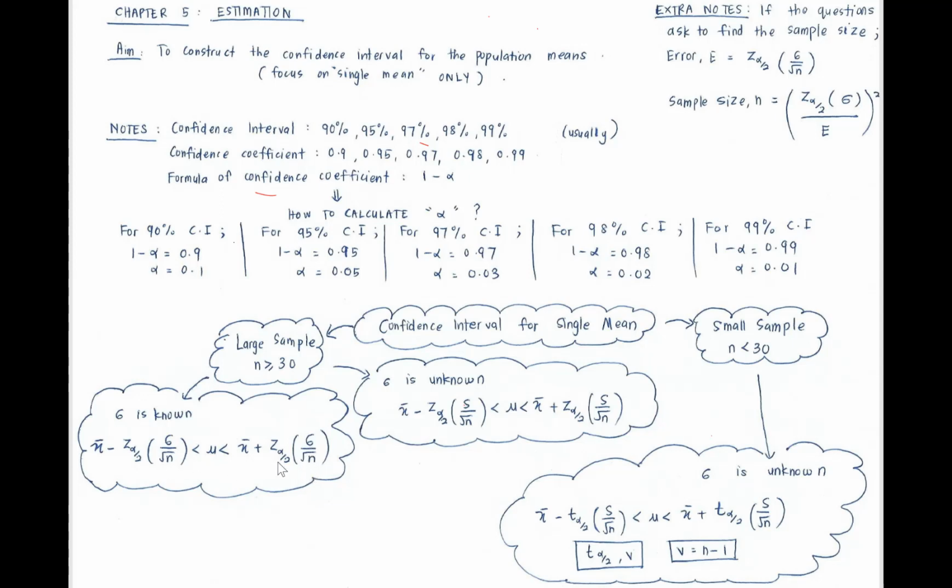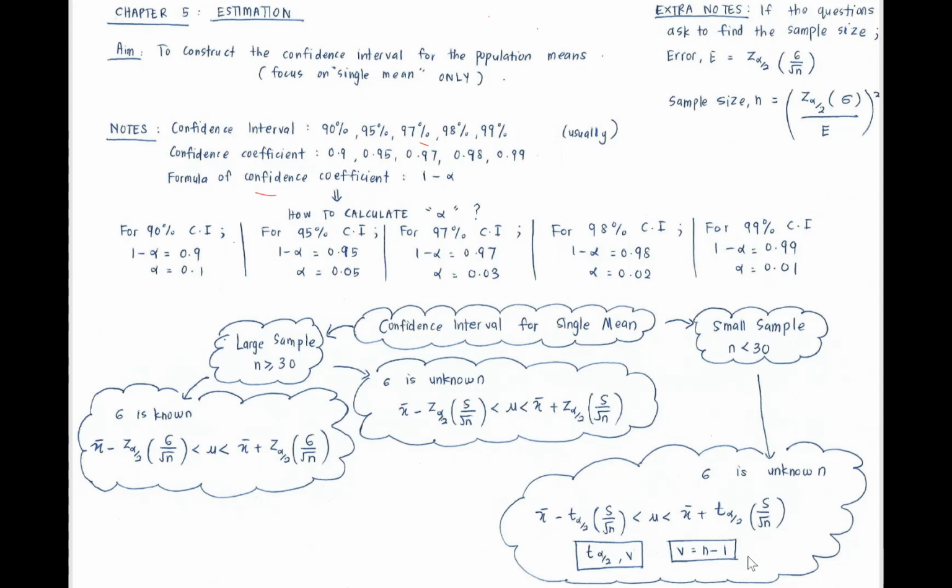This one, z alpha over 2, is 1.96. We already calculated that just now for a 95% confidence interval. Then the standard deviation of the population and also the number of samples. For this one, s is the standard deviation of the sample. Then n is the number of samples. So we are going to use this formula to solve our problem.